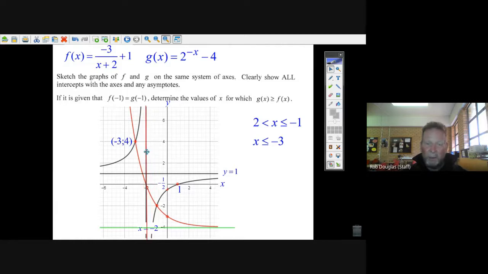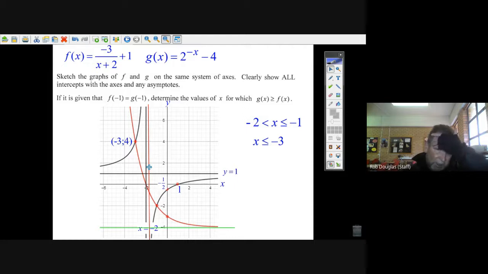But at -2, things fall apart because there is no hyperbola there. So it's just everything less than or equal to -1 or greater than -2. Better make that greater than -2.